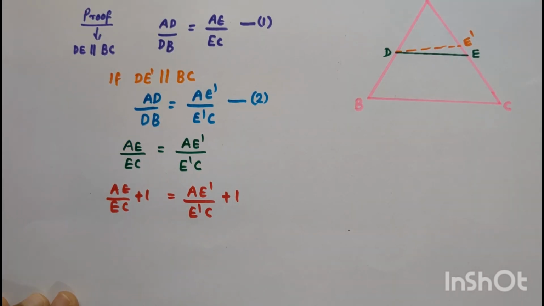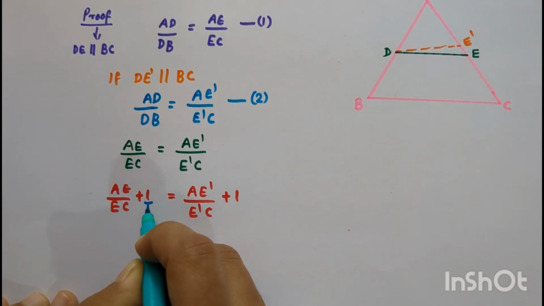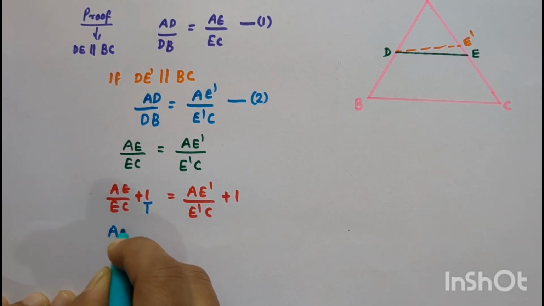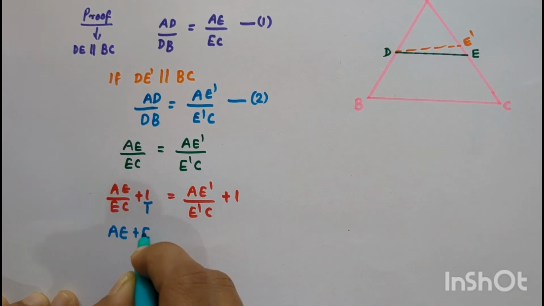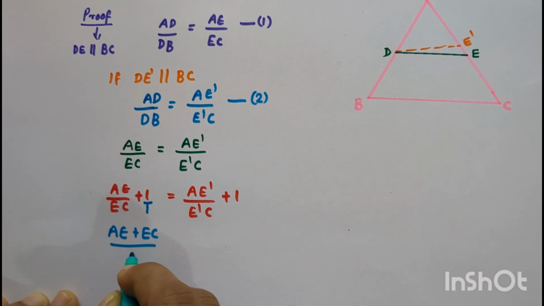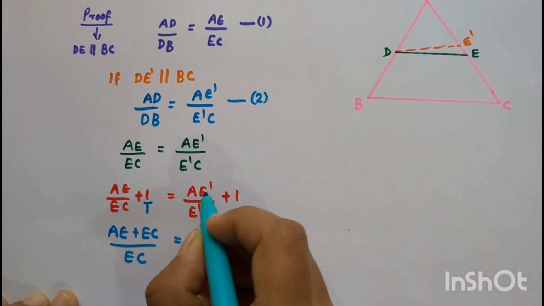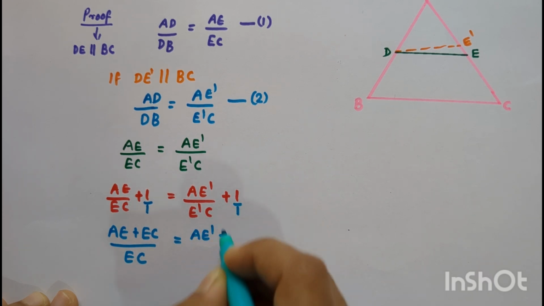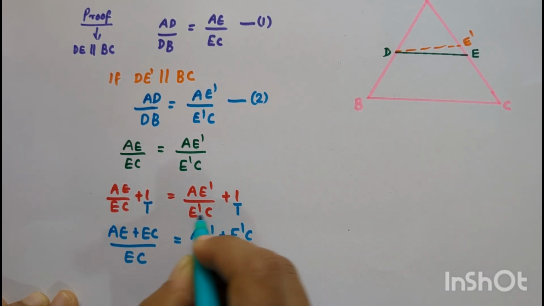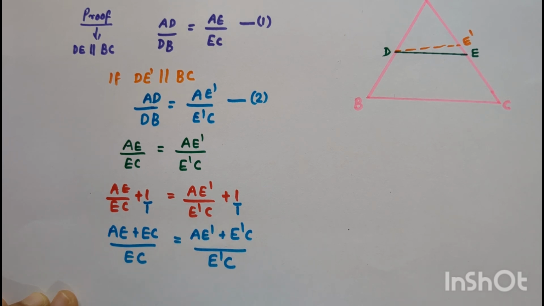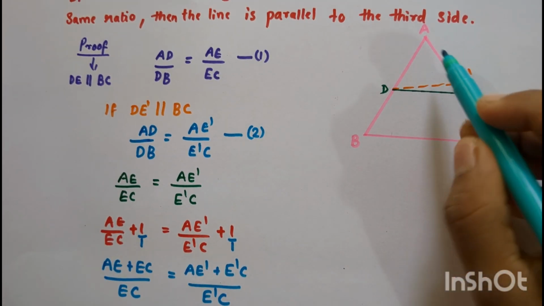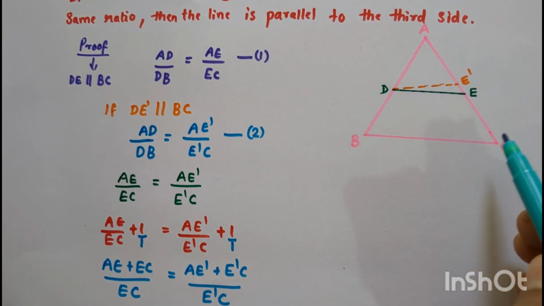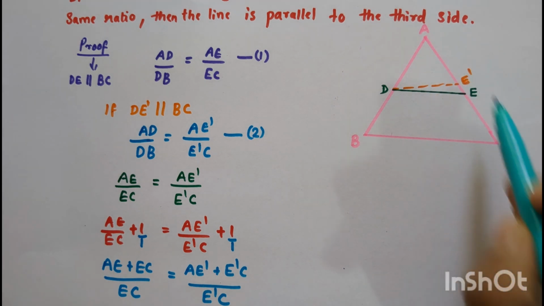Now let us do the cross multiplication. 1 is like 1 by 1. So we get AE plus EC divided by EC, which is equal to AE dash plus E dash C divided by E dash C. Now you see, AE plus EC is actually equal to this side AC.